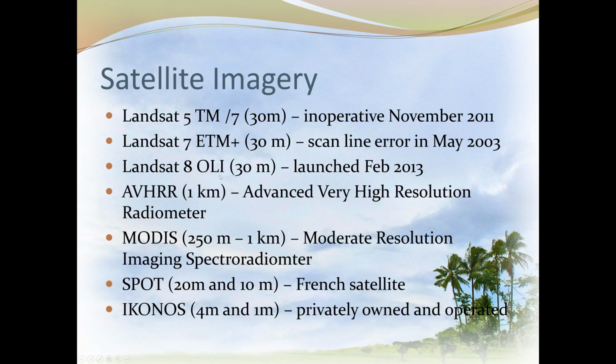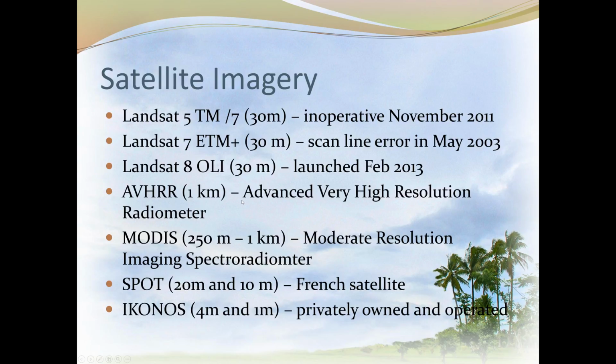Okay. And satellite imagery, we will go into detail. Those are the satellites that we need to remember or be familiar with. This is the Landsat, operative since November 2011, and the Landsat scanline error in May 2003. So there was some issue in Landsat, launched February 2013.